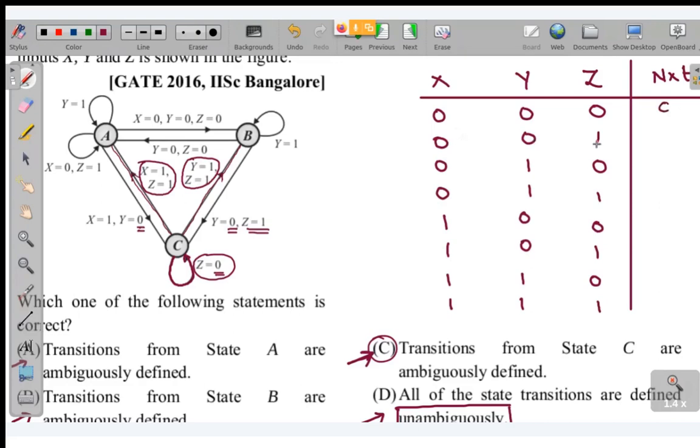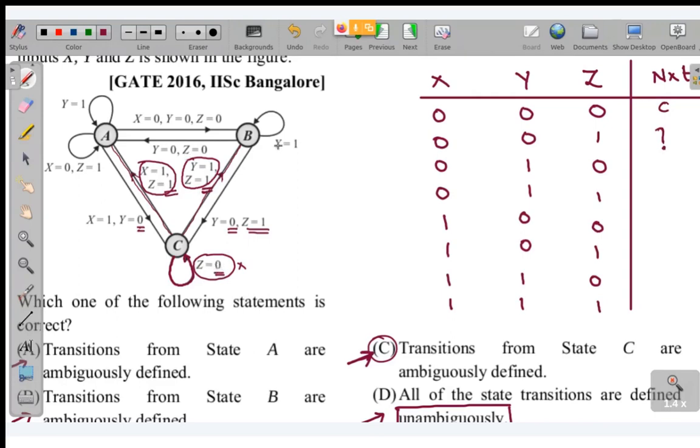Now look, x0 y0 z1. So here z is equal to 0, so this transition will not take place. Here you can see z is equal to 1 and z is equal to 1, but x is not equal to 0 and y is not equal to 0. So that means what? I don't know for 0 0 1 what the transition will be. You can see I don't know, because here z is equal to 1, but x is equal to 1 and y equal to 1, and here z is equal to 0.